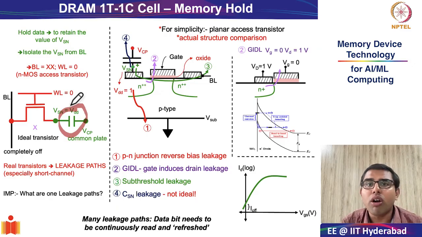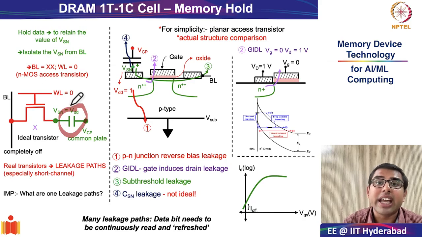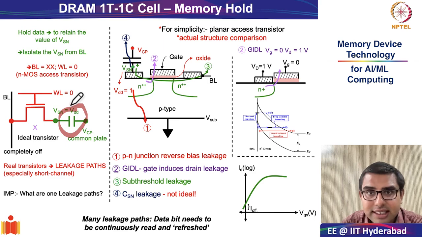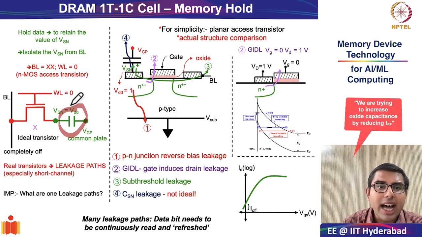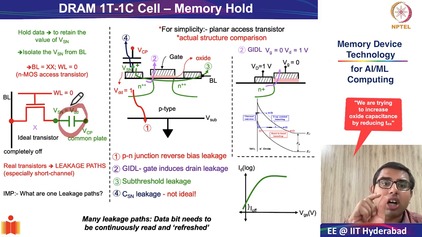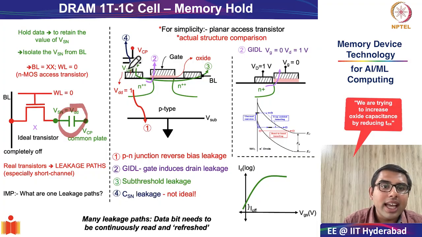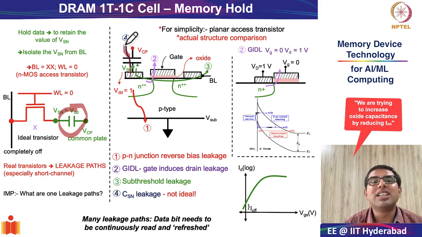You know, oxide capacitance is inversely proportional to Tox. So the smaller the Tox, the larger the oxide capacitance. In a bid to increase the capacitance, we reduce the oxide thickness, and therefore it deviates quite significantly from ideal behavior, and even the capacitor, which is ideally supposed to be an insulator, starts leaking.